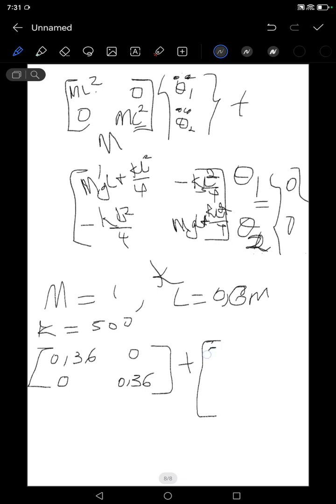So here we have 50.8. Then here it's a negative 500 multiplied by 0.6 squared divided by 4, and we get negative 45.